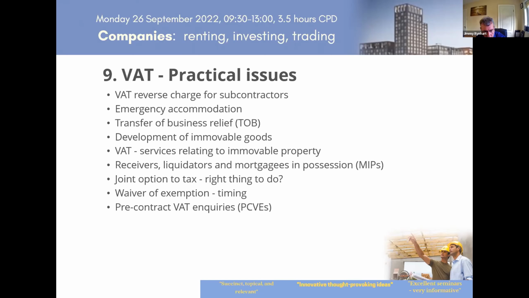Liquidators and receivers, mortgages and possession, which I think Gary touched on and I'll be touching on as well. Whether the joint option to tax is the right thing for you or not. The waiver of exemption, timing of when you should do it, and we'll finish off with the VAT clauses and the pre-contract VAT inquiries, which I know people find to be a pain in the rear end.